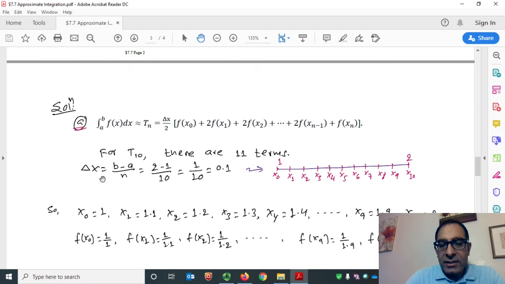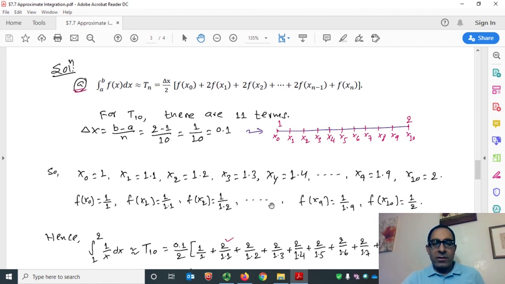So here delta x is b minus a over n, that's the formula. So 2 minus 1 over 10, so 1/10, which is 0.1. So the x0 is 1, then x1 is 1 plus 0.1, x2 is 1 plus 2 times 0.1, or the x1 point plus 0.1, and so on, which I wrote down here.